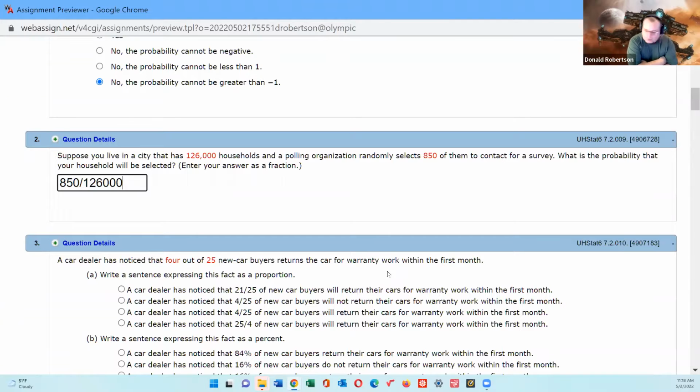850 out of 126,000. But that's not the answer that they want, because isn't there a rule that fractions should be simplified? So I'm going to do that right now in my calculator. 850 divided by 126,000.